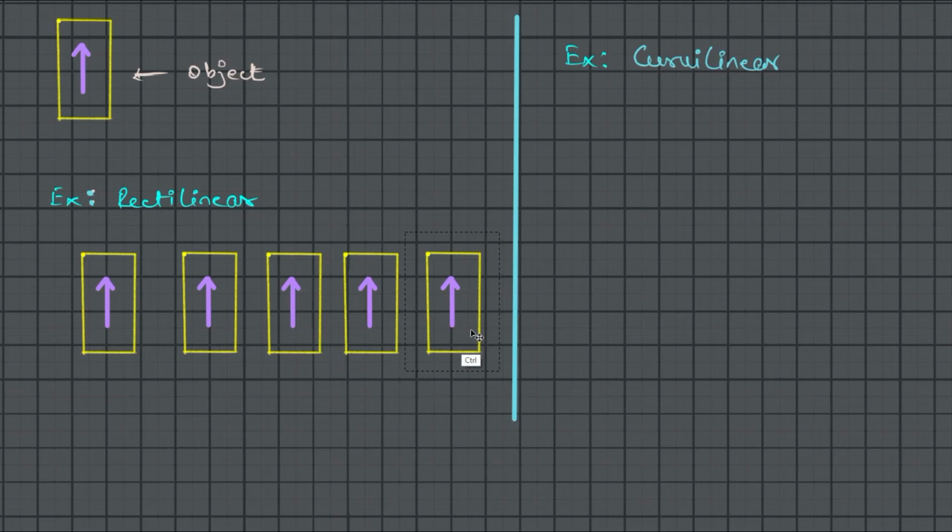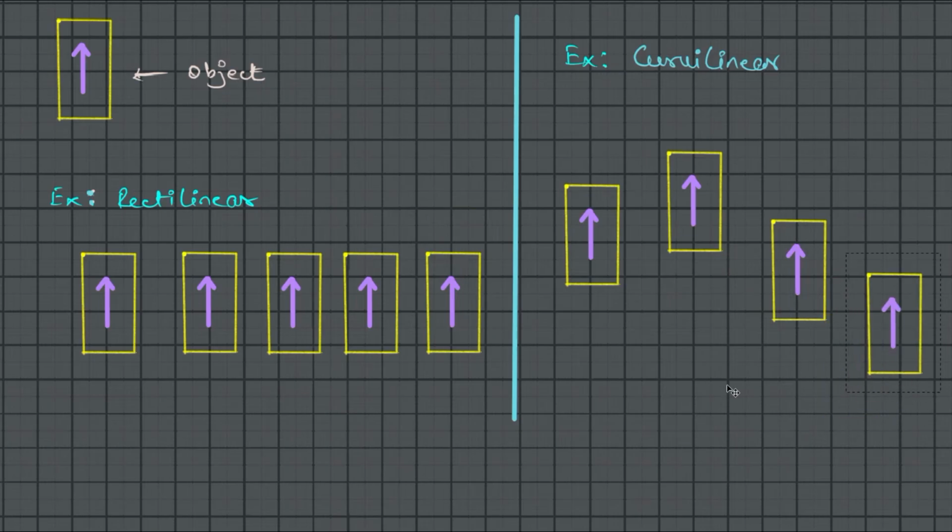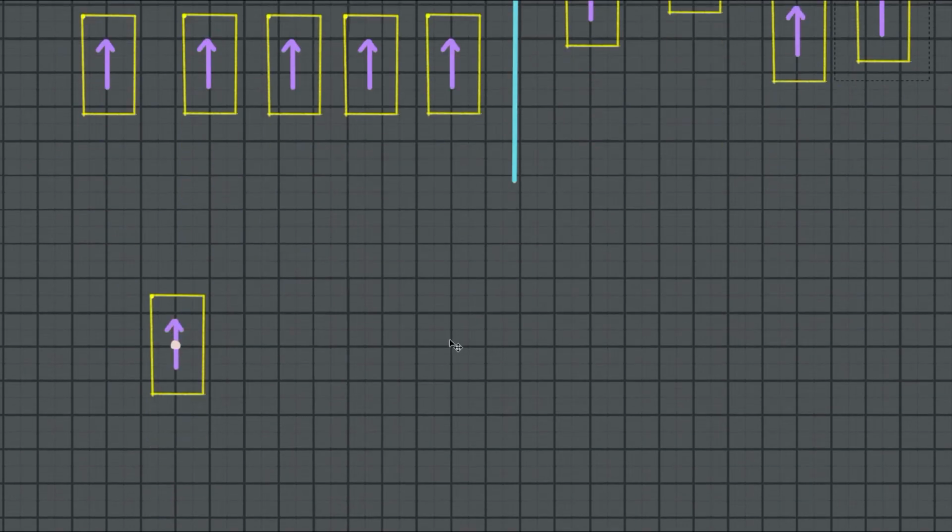Now I'll show you one more movement. Say it moves in this manner and then over here. And you have to point out the difference. I'm not telling what is what over here. So this is an example of curvilinear. Both are translation motion. While your rotation might look something like this.